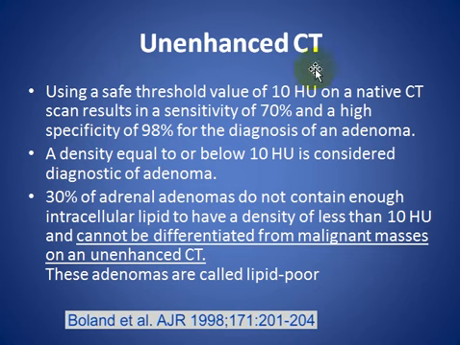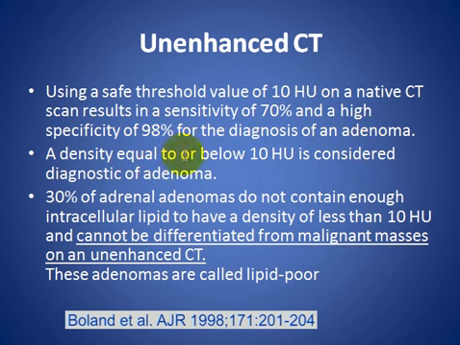Unenhanced CT scan using a safe threshold value of 10 Hounsfield unit on a native CT scan results in a sensitivity of about 70% and high specificity of 98% for diagnosis of adenoma.